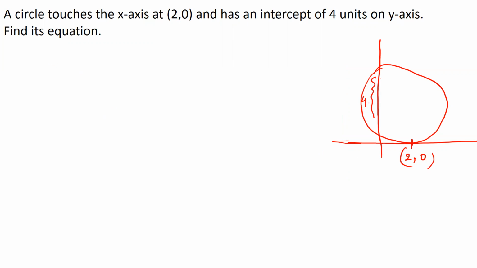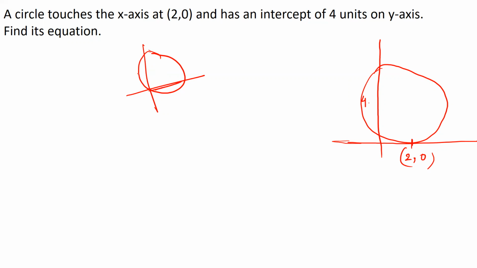This is known as the y-intercept. Suppose there is a circle, and these are the two coordinates. If this circle cuts the y-axis at two points, it makes some intercepts on the y-axis as well as on the x-axis.